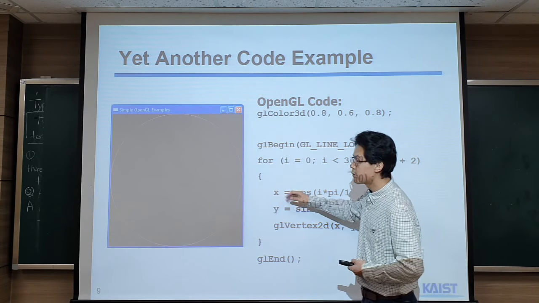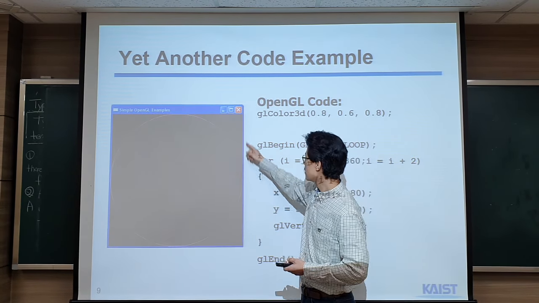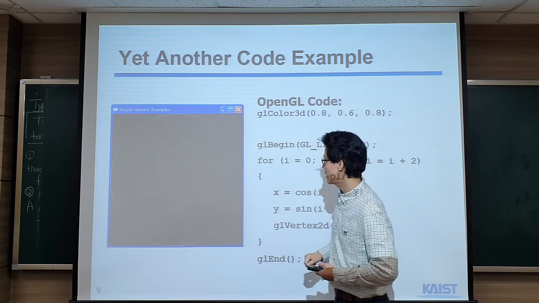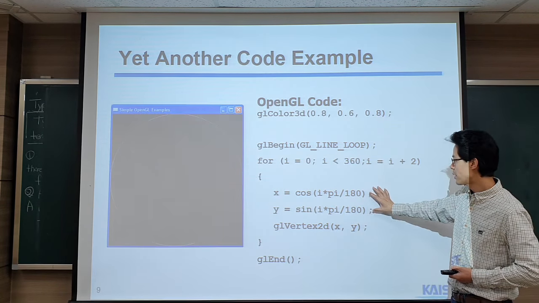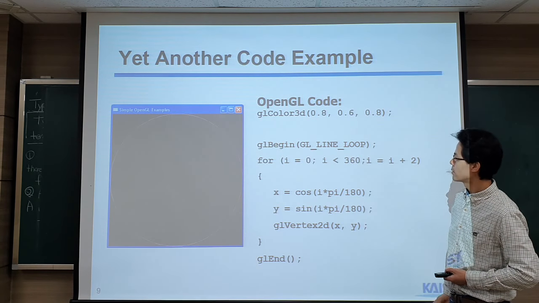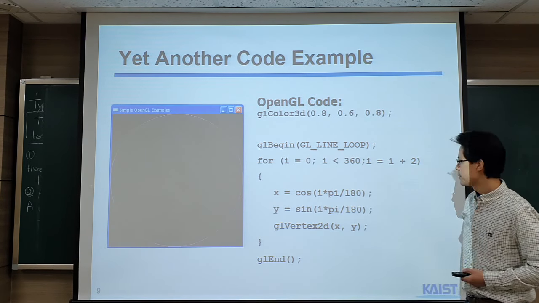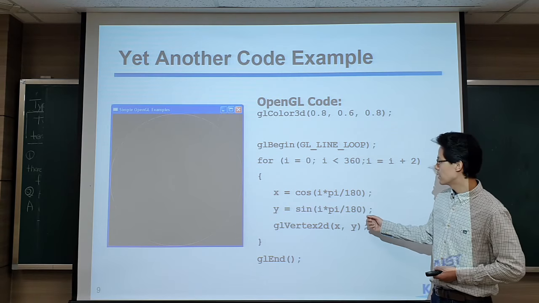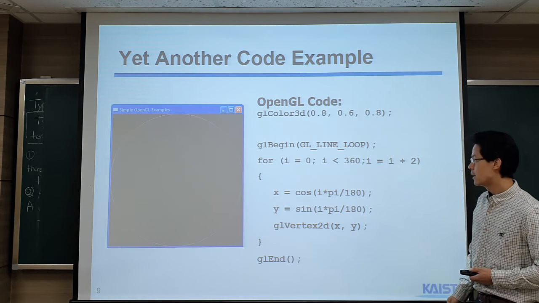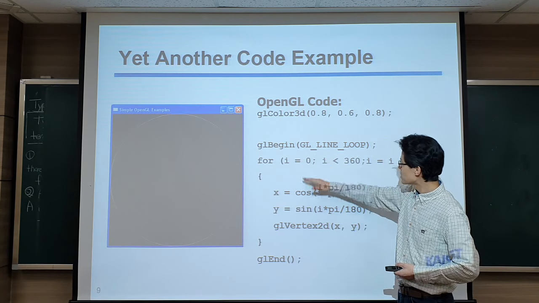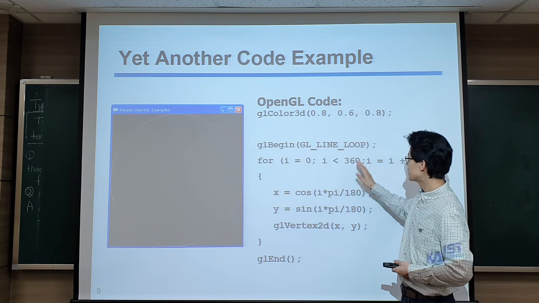You might recall that the coordinates of a circle can be represented by cosine theta and sine theta, which computes the coordinate from the angle. Once we compute the coordinate, we call GL vertex with x, y, and we group them with GL begin and end with GL line loop.